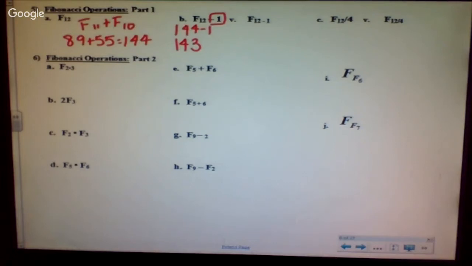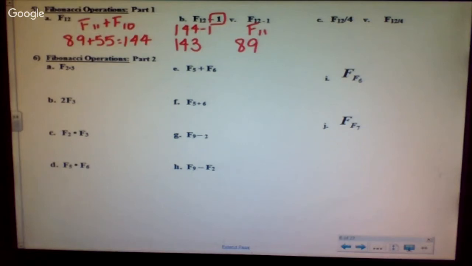The other side, that minus 1 is not a big number on the outside. It's down with that 12. So technically here, I'm trying to find f sub 11. So your answer here is 89. So please be cautious on whether it's a big number that needs to be subtracted after you get the number, or is that changing your sub value, which changes your Fibonacci number?